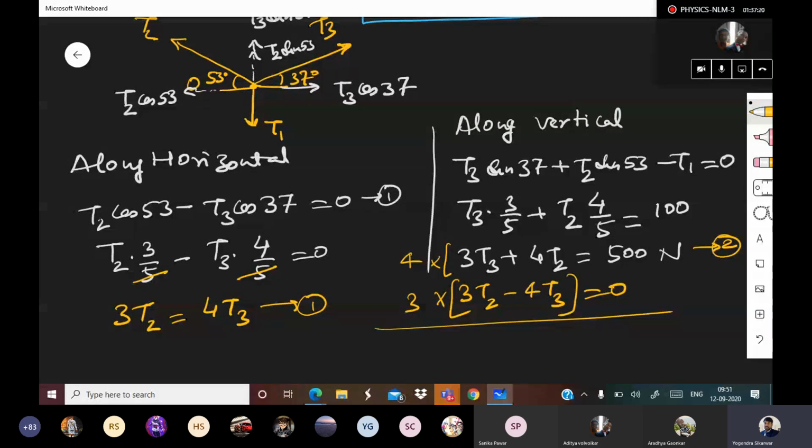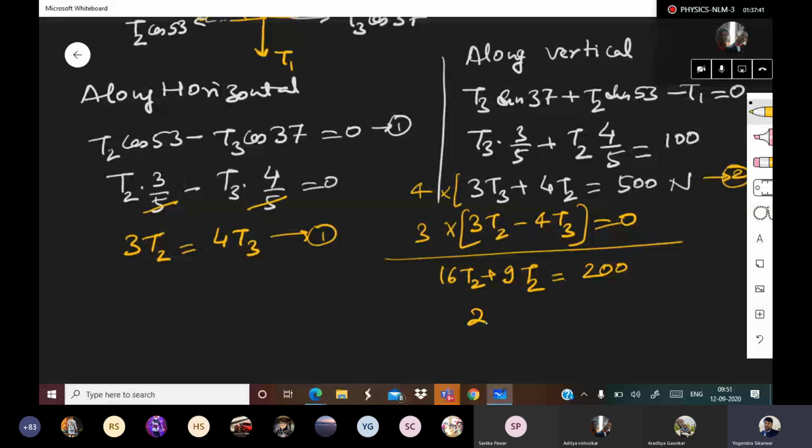So 12T3 will get cancelled. 16T2 plus 9T2 is equal to 500 into 4, which becomes 2000. So 25T2.